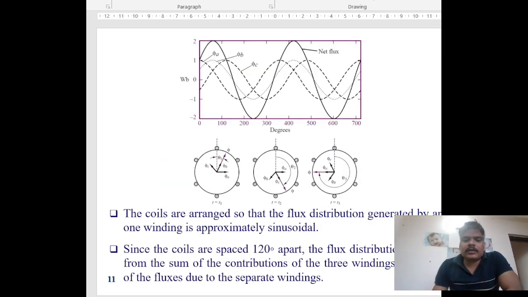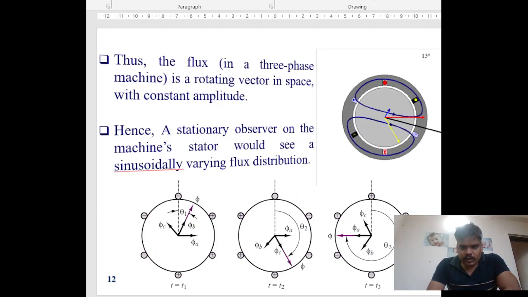The coils are arranged so that the flux distribution generated by any one winding is approximately sinusoidal. Since the coils are spaced 120 degrees apart, the flux distribution resulting from the three windings is the sum of the fluxes due to the separate windings.